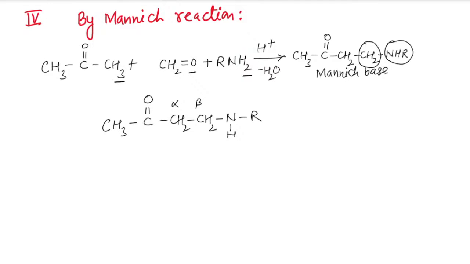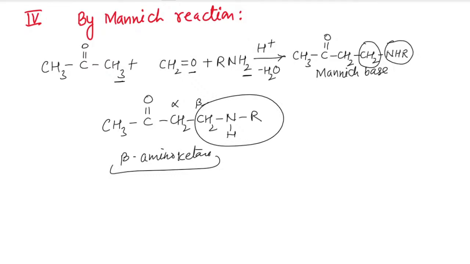So we get beta amino ketone. So this is one type of secondary amine. Here, if you see, this nitrogen is attached to 2 carbon atoms.